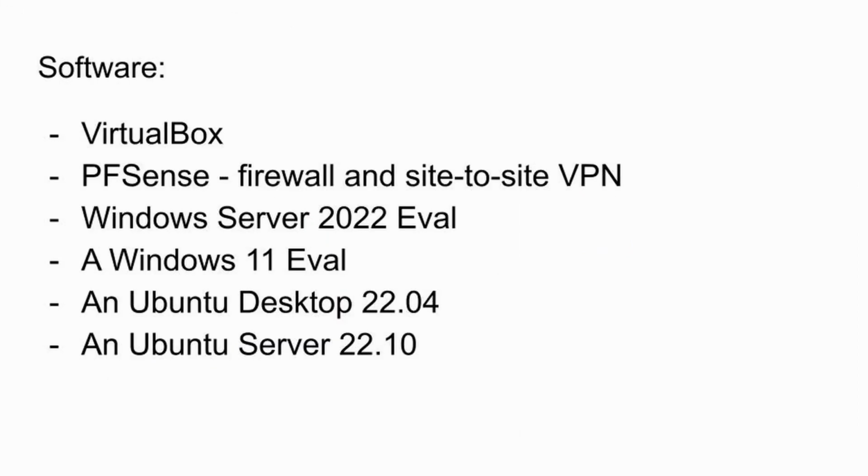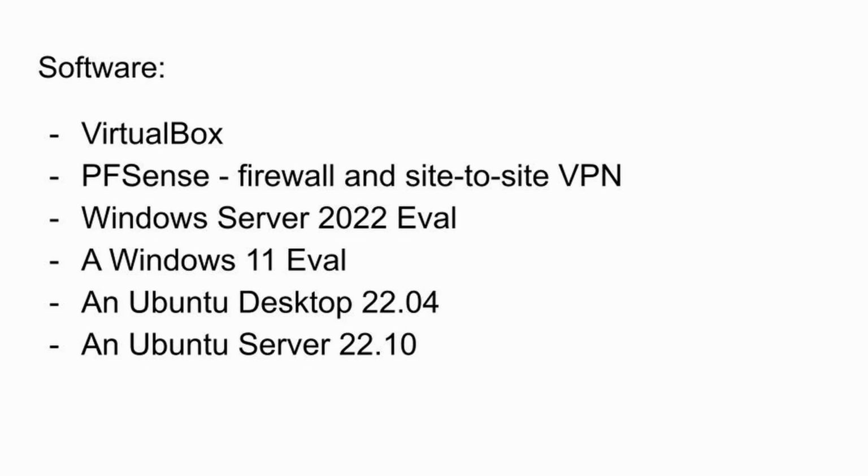In the demonstration, I will use the following software: VirtualBox for virtualization, FP for the firewall and site-to-site VPN, Windows Server 2022, and a Windows 11 personal, of course, to act as a client, and it's for evaluation.